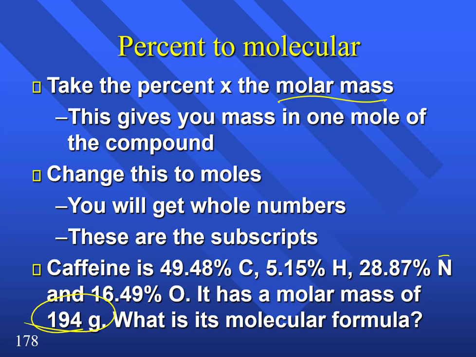And then finally 16.49%, so 194 grams times 0.1649 equals 32.0 grams of O, 16.00 grams of O for 1 mole of O, 2 moles of O. So I got N4O2.